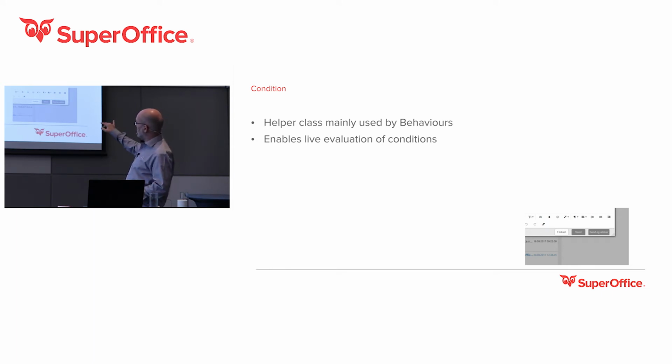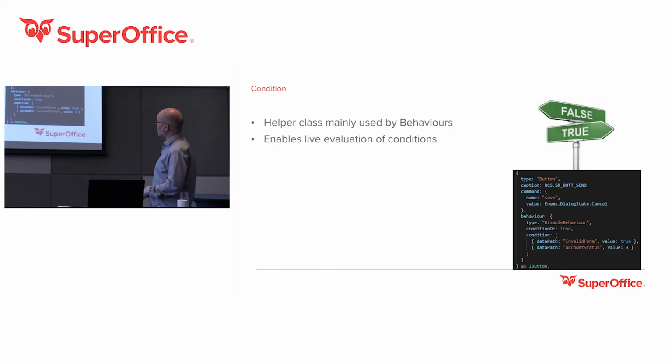For instance, we use it on the inbox dialog when we are disabling the send and send archive buttons. We have added a disable behavior with an or condition, and then we have two conditions. One is invalid form. If that's true, then we're going to disable it.